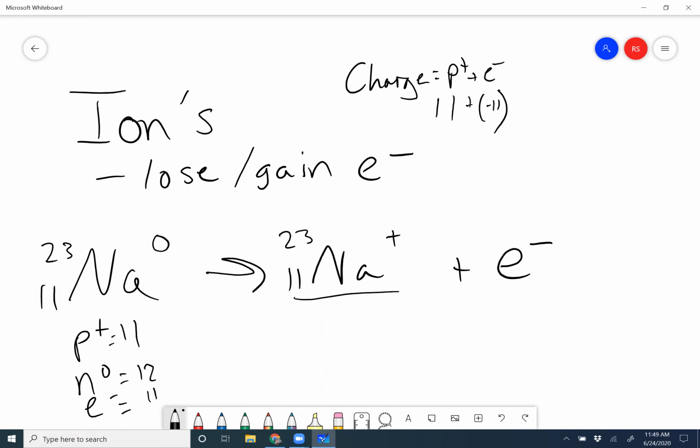Positive ions don't really change their name. Negative ones do. They go from their -ines to their -ides most of the time. So instead of chlorine, you get chloride. So notice our protons are staying the same. Protons always have to stay the same. Our neutrons are staying the same. But now our electrons are 10. And that's because we ditched out an electron here.